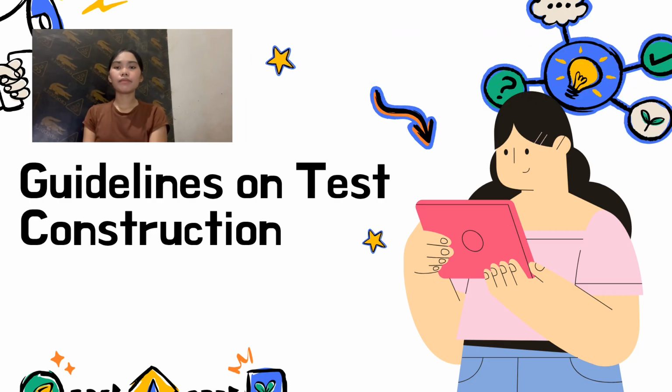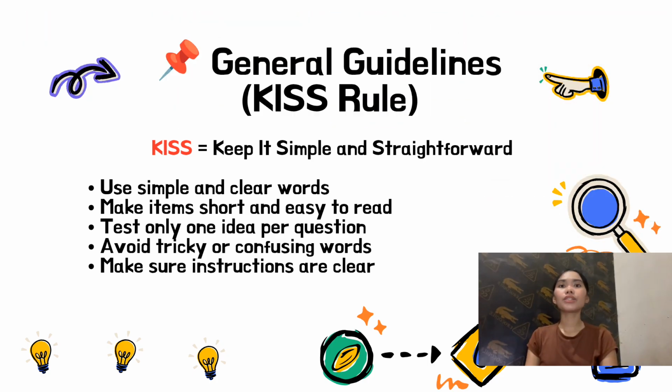Hi again, my name is JOAN Pascual, and this is the last part of our reporting, which is all about guidelines on test construction. In general guidelines, the KISS rule represents keep it simple and straightforward. Ang sinasabi lang dito is use simple and clear words, make items short and easy to read, test only one idea per question, avoid tricky or confusing words, and the last one is make sure instructions are clear.